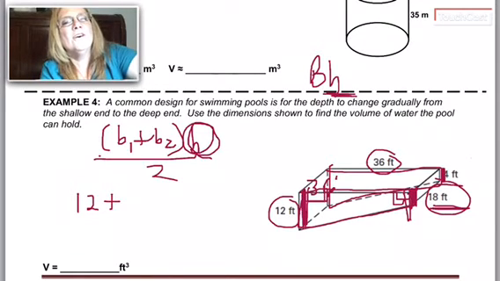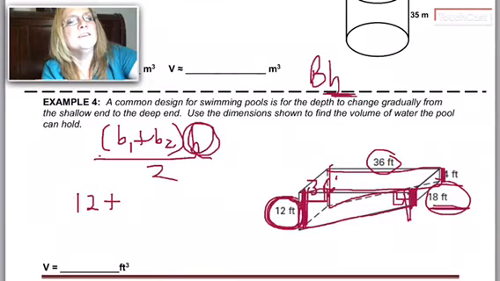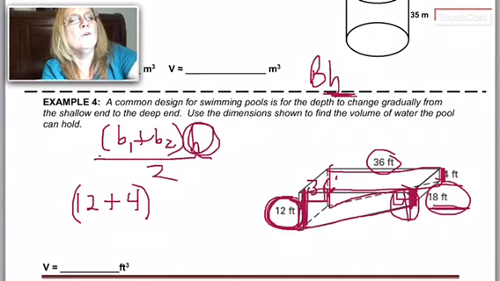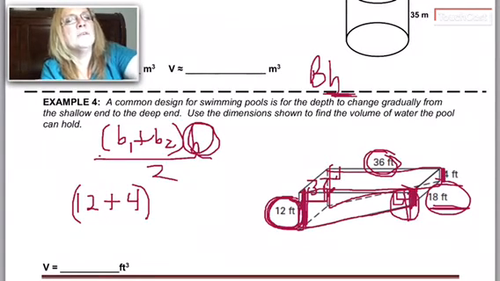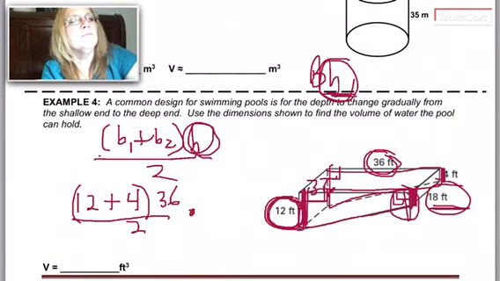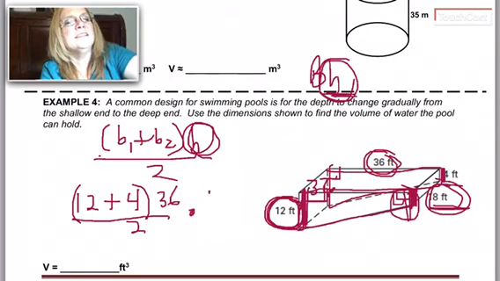Okay, so this is the base, one base, and then the other base is this 4. Times the height of the actual trapezoid, which is this 36, because that has to be at the right angle, divided by 2, and then we're going to multiply that times the height of the prism, and the height of the prism is the 18.